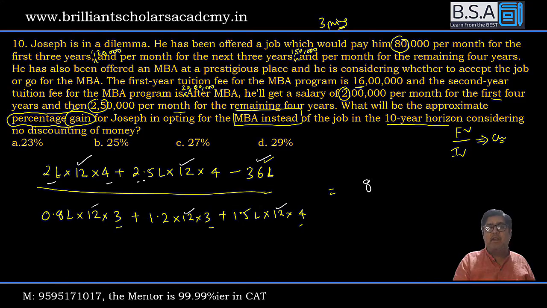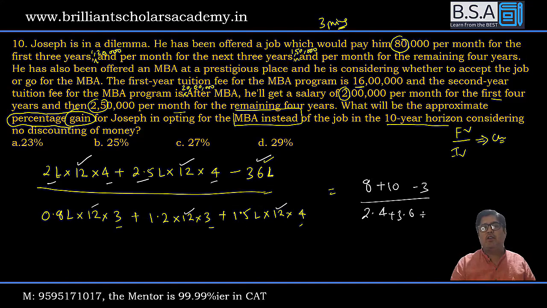This will become 2.5 into 4, 10. Because 12 has been cancelled, this will become 0.8 into 3, 2.4. 1.2 into 3, 3.6. 1.5 into 4, 6. And you're almost ready with your answer.